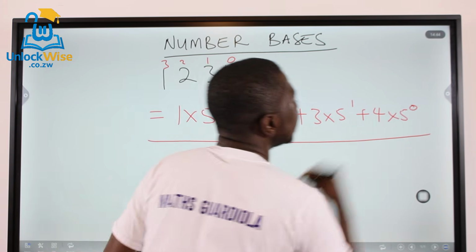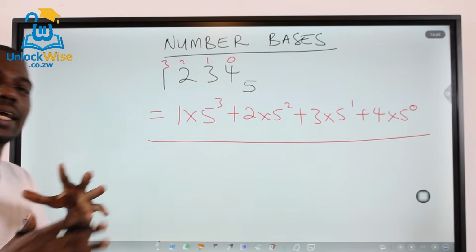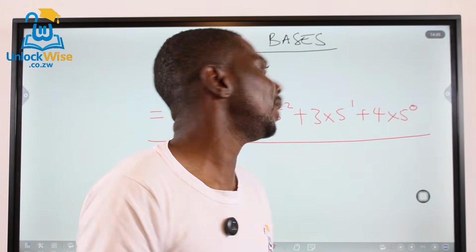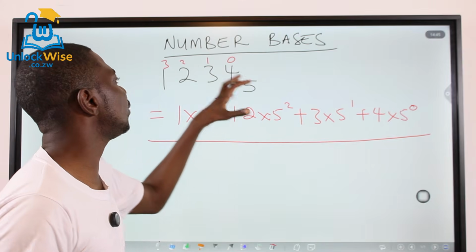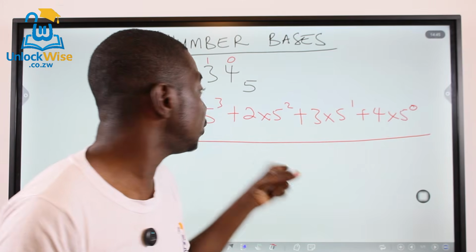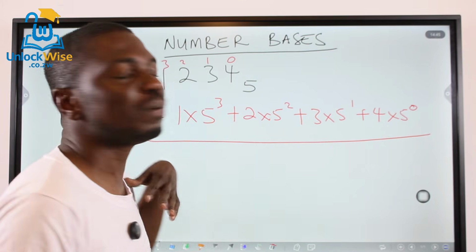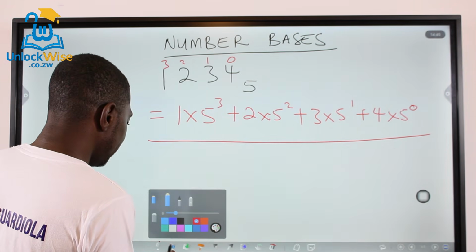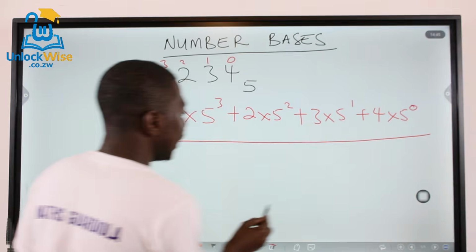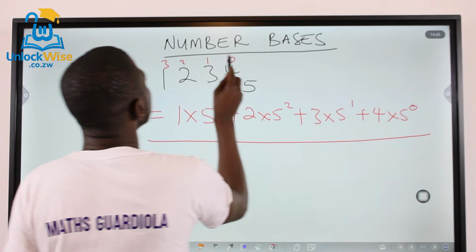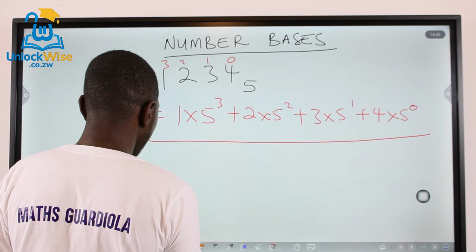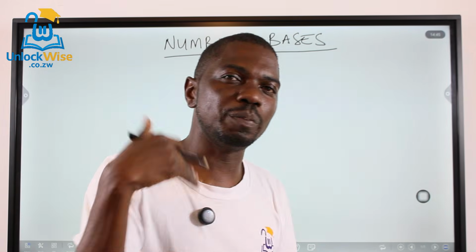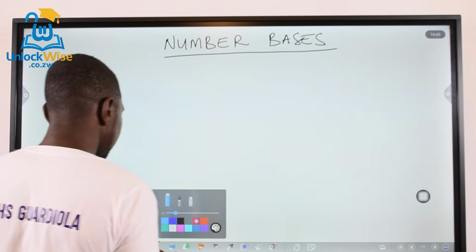So this is this number expressed as powers of its own base, right? 1, 2, 3, 4, base 5 expressed as powers of its own base, right? So from here, I want to explain how we convert from any other base to base 10, right?